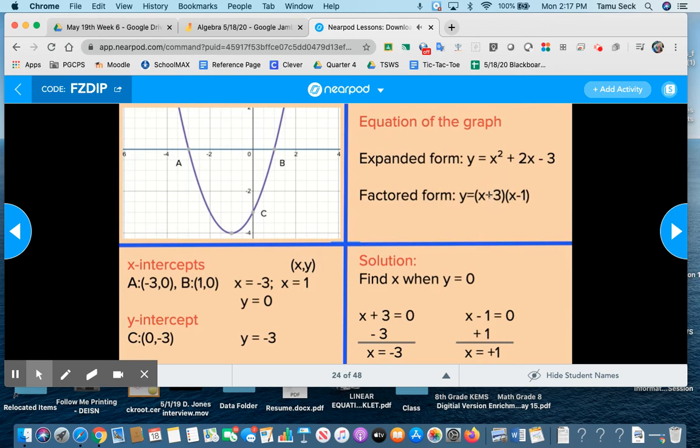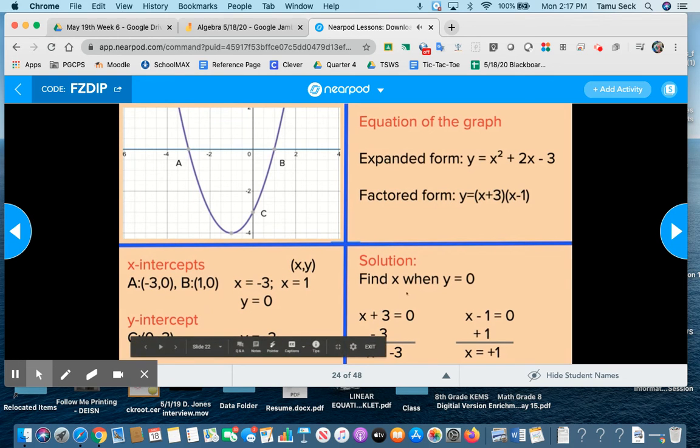So 0 times x minus 1 will give y is equal to 0, or x plus 3 times 0 will give y is equal to 0. In order to get x plus 3 equal to 0, x has to be -3, because -3 plus 3 is 0. And for x minus 1, x will have to be +1, because +1 minus 1 is 0.